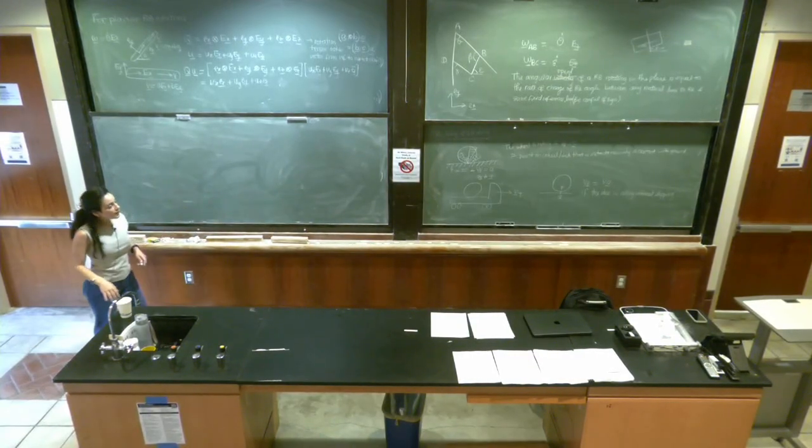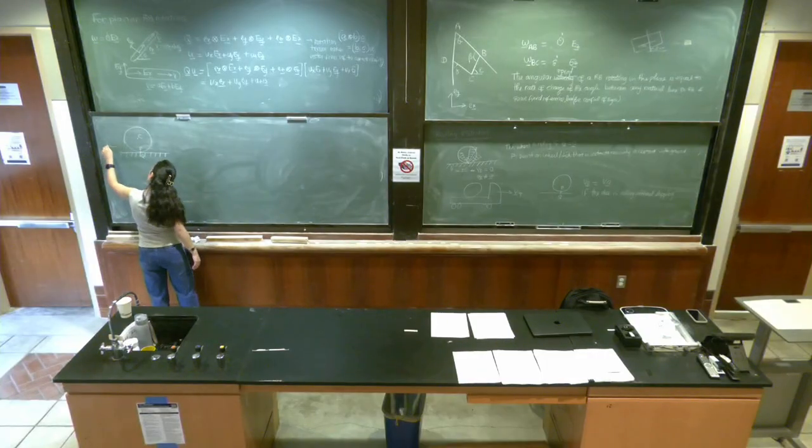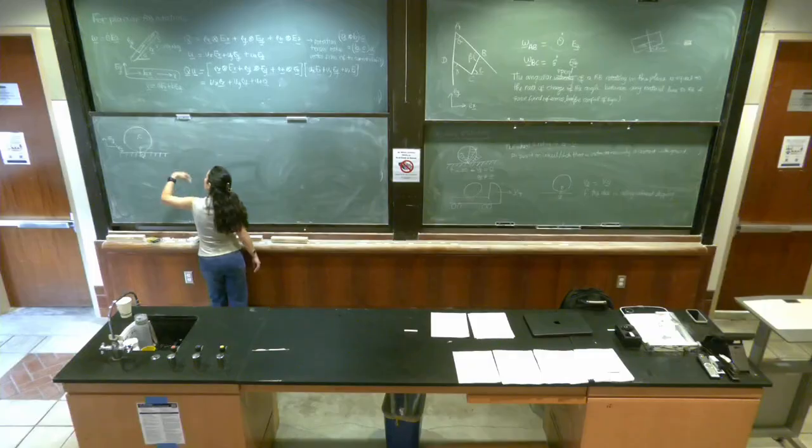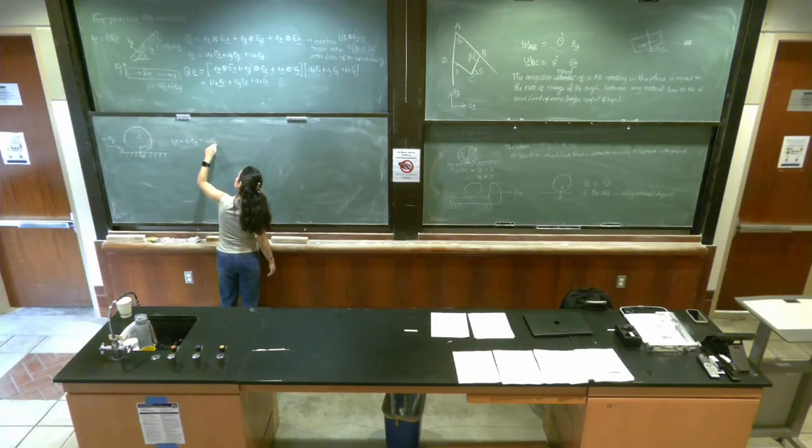So I have the wheel on a fixed surface, with contact points called point P, point Q, and the center of mass C. The angular velocity of the wheel is omega.